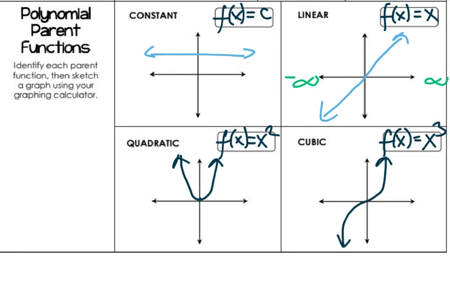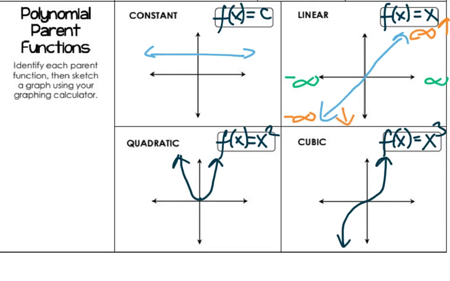What happens to the graph? What happens to the value of the function? So we're going to look at the ends, where the arrows are pointing. So if you look at the linear function, the right side of the linear function is actually approaching positive infinity, so it's going up, and on the other end is approaching negative infinity because it's going down.